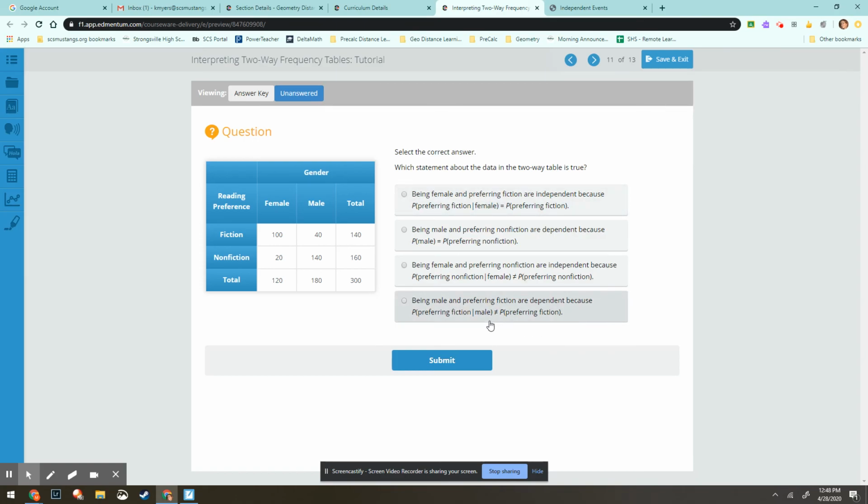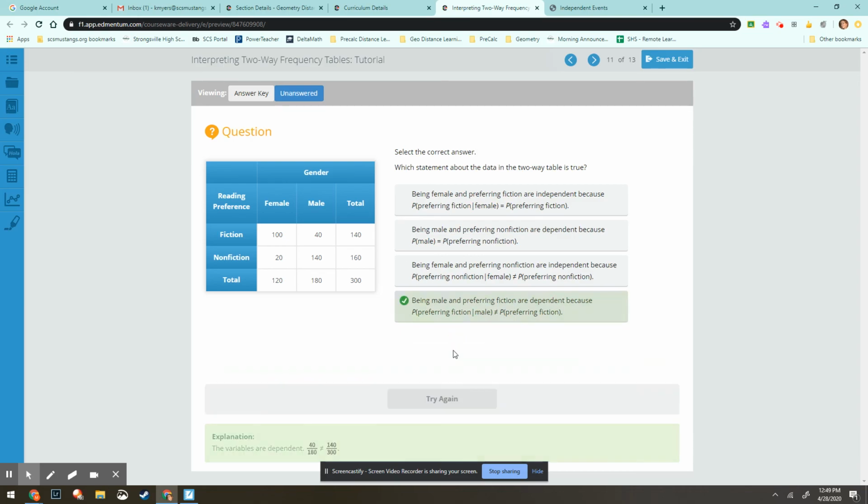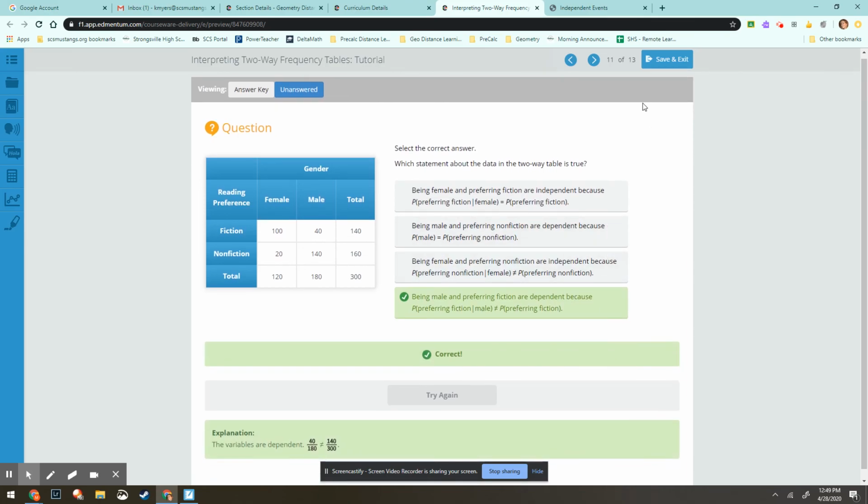The probability of preferring fiction, given that you're male, would be 40 over 180, which would be 0.222. And then the probability of preferring fiction would be 140 over 300, which is 0.467. Those are not equal, which means that is correct because they are not independent, they are dependent. And yay, we got it right.